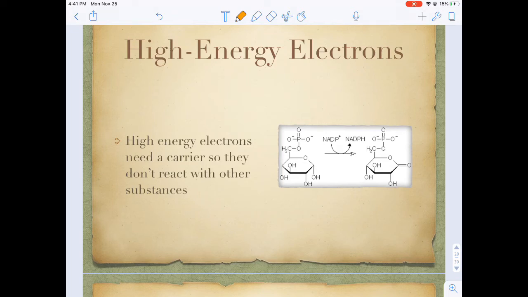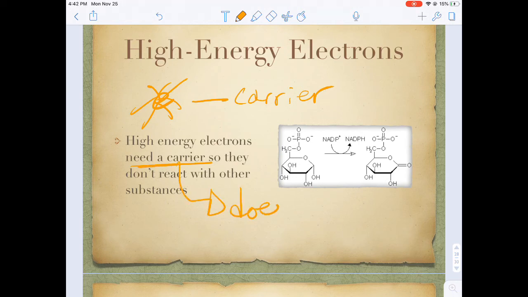So instead of this excited electron just roaming free, it is held by another molecule. There's a carrier that's grabbing onto this electron so that it's not going to cause damage with other substances in the cell. They need a carrier so it doesn't damage other cell parts.